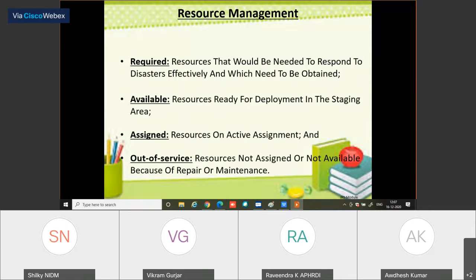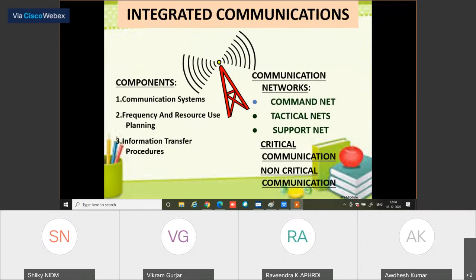So we can have certain area commands for each designated hill area, and those commanders will report to a unified command on top of it. And we need to have an incident action plan, because it is required to be documented. So these are the various principles and features associated with IRS.